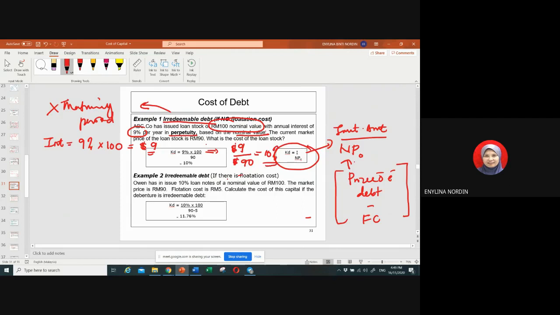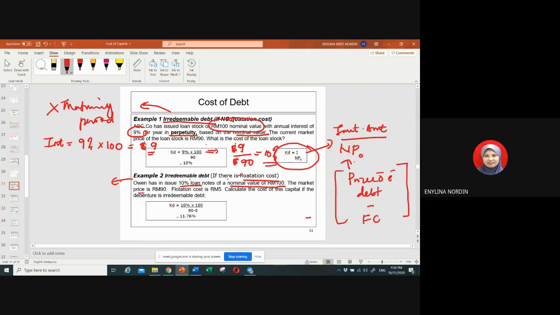And then what about irredeemable debt with flotation cost? Here there is a flotation cost. It's stated that the company, Owen, has issued a 10% loan note. So this is the interest rate. The nominal value of this loan is 100 ringgit.